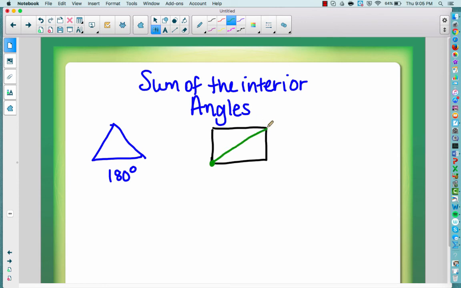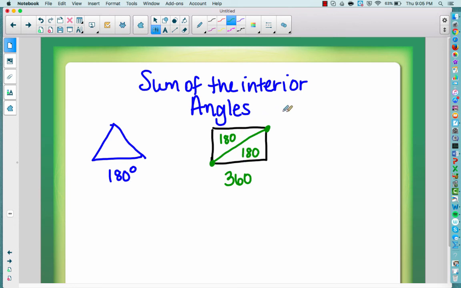Well, now I've created two triangles. The triangle on the top, its angles add up to 180 degrees, and the triangle on the bottom, its angles add up to 180 degrees. So I can add them together. So the sum of the interior angles of a quadrilateral is 360 degrees.